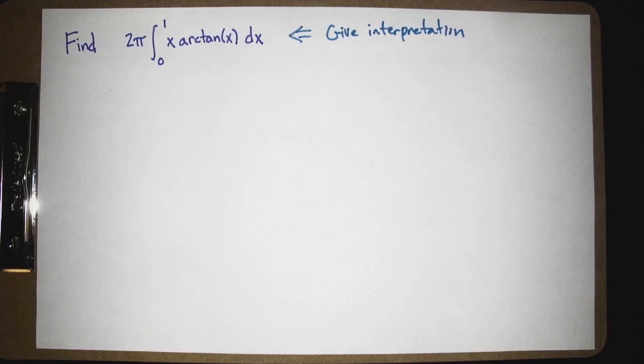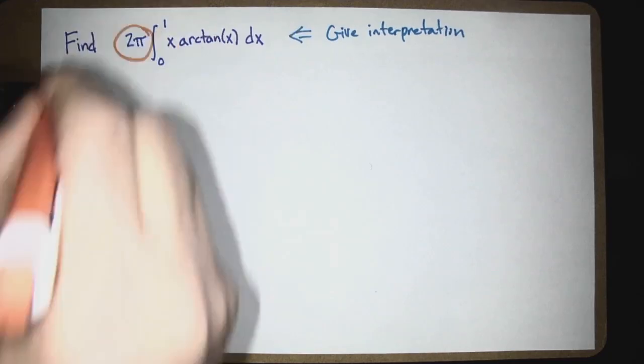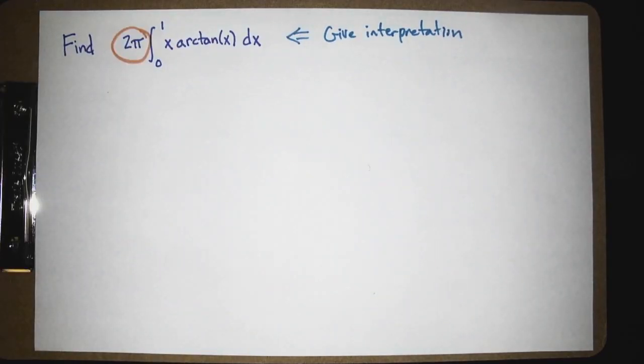The 2 pi. 2 pi in the front there says, hey, we have a formula that involves 2 pi. Now, the integral of x arctangent x doesn't need a 2 pi there, so that 2 pi is very suspicious. So I say, okay, there's a 2 pi. Let's think about what that 2 pi is. What is a formula that involves 2 pi?